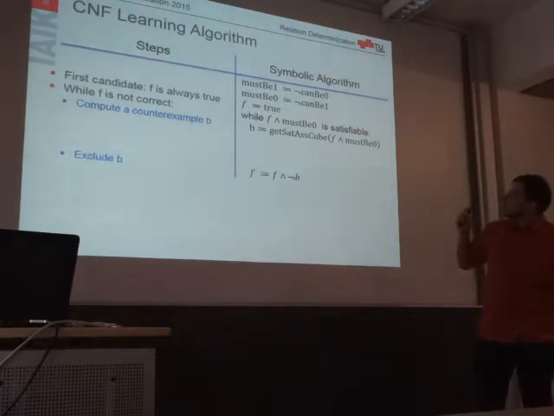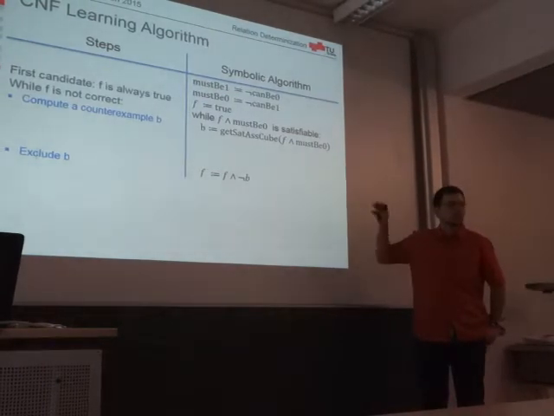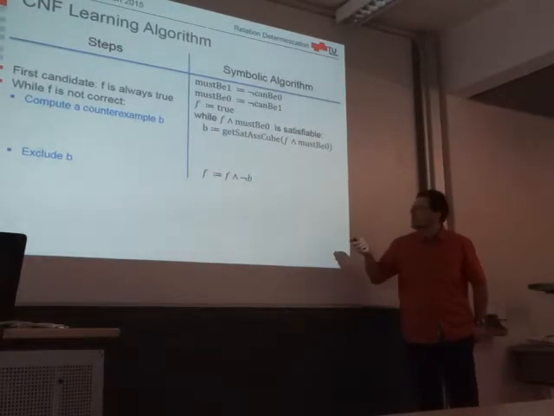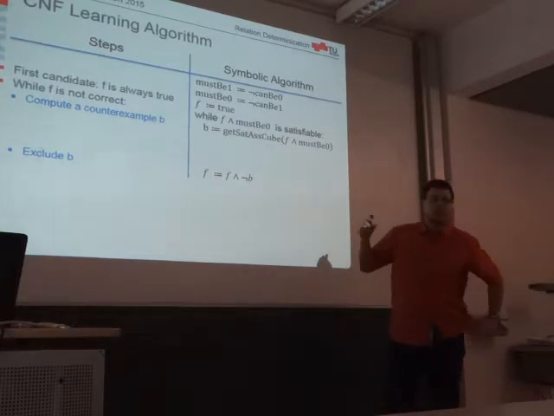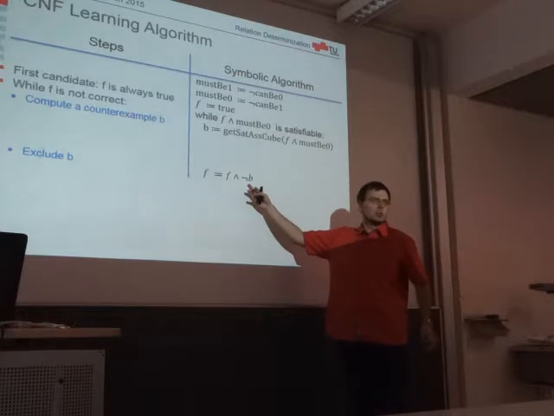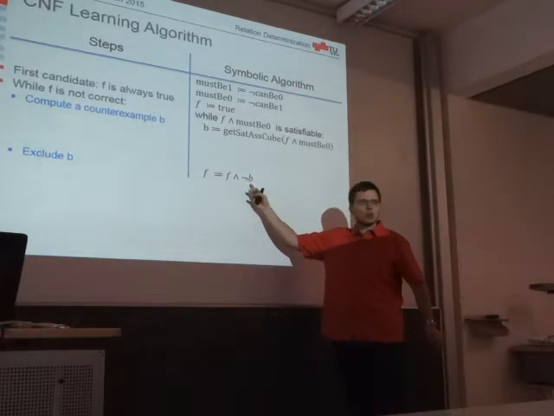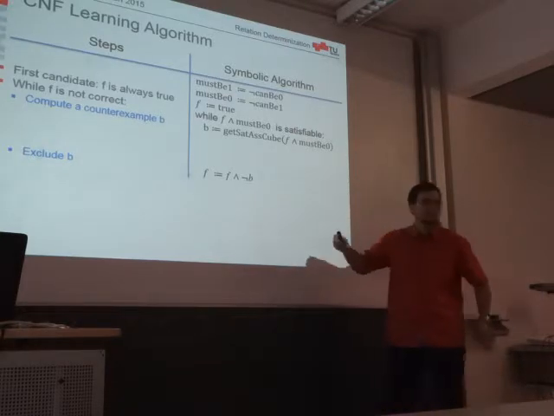And then you just say, okay, then my function is f and the negation of what I just had. Since this b is a conjunction of variables, the negation of b will be a clause. So when f is a CNF and I add this clause, I will again have a CNF and I can just try again.